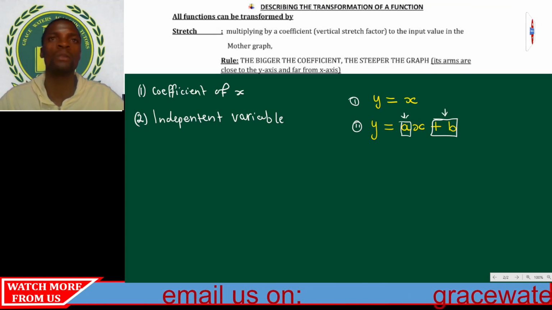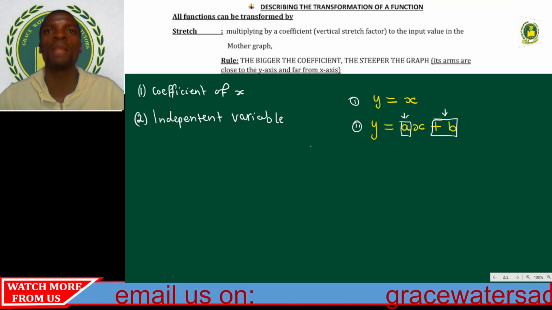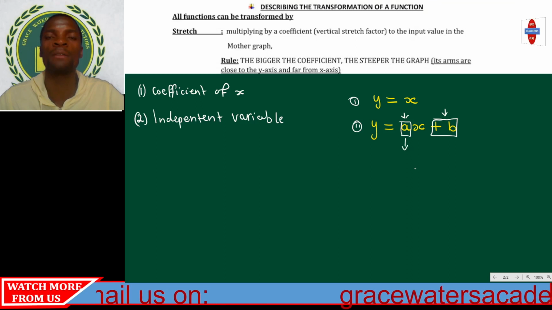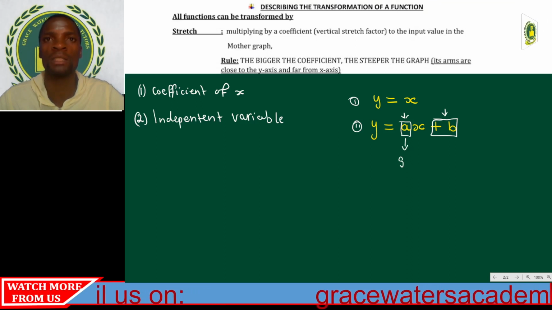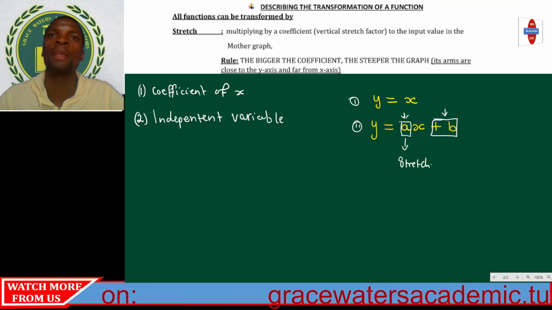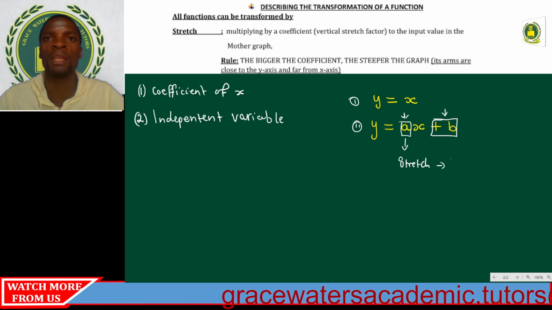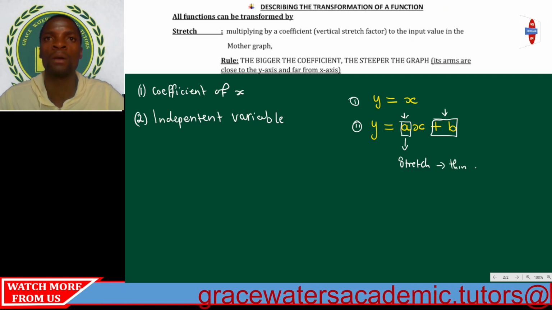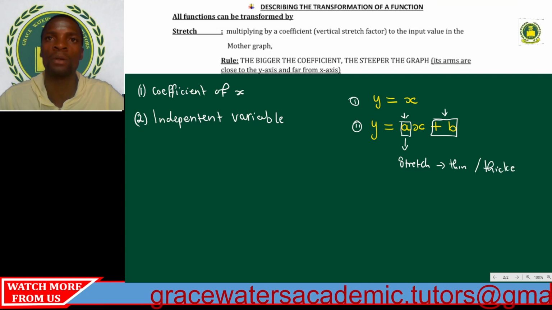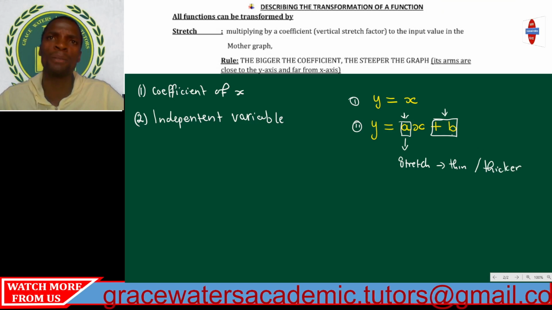That's very good. Let us consider that. The first thing that I want to tell you is that whenever you put a coefficient, it will stretch your graph. When you are stretching it, meaning you are making it either thin or thicker. That's what you call stretching. All right, and then what about B?